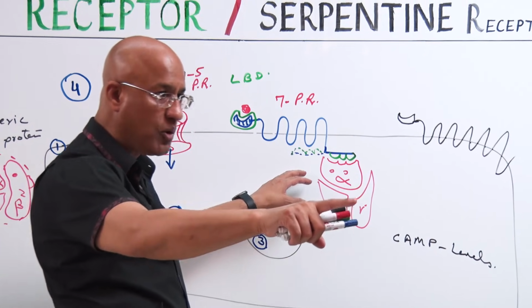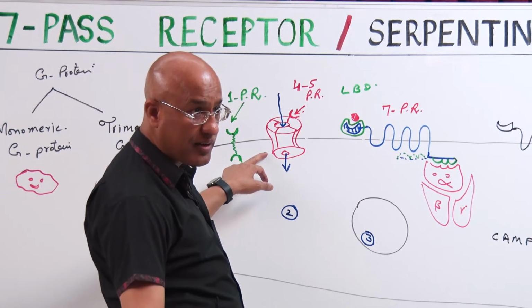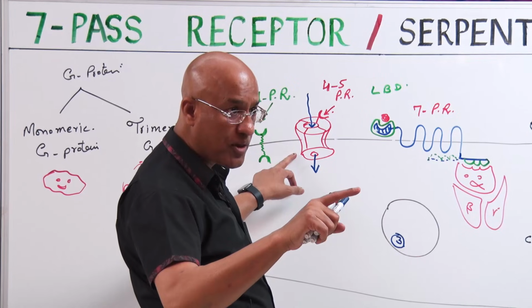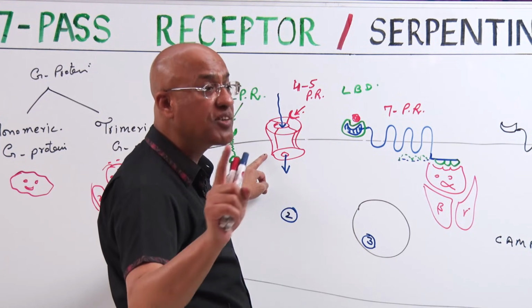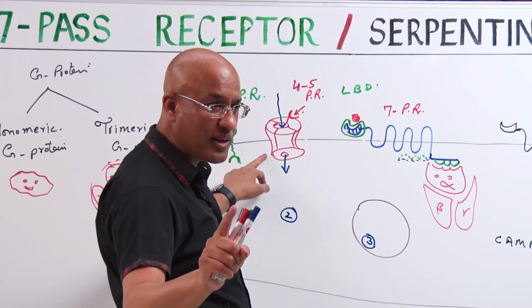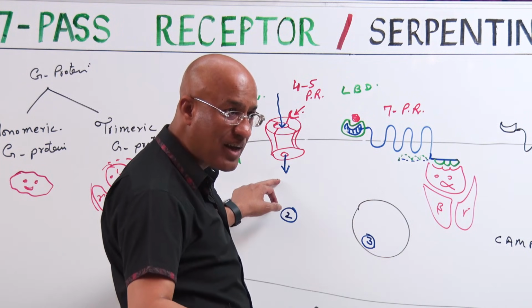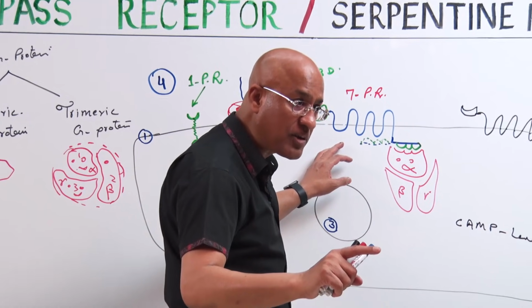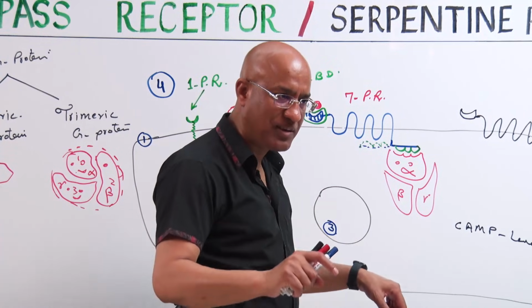Remember, cholinergic receptors are divided into 2: nicotinic cholinergic receptors or muscarinic cholinergic receptors. Nicotinic cholinergic receptors are ion channels and muscarinic cholinergic receptors are G protein coupled receptors, or 7 pass receptors, or serpentine receptors, right?